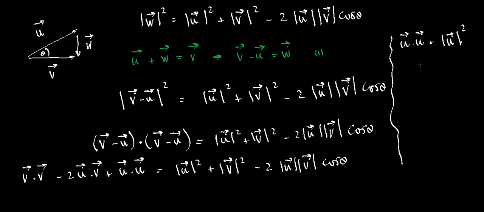Now I'm going to reuse this property over here and rewrite it this way. So v dot v is just the magnitude of v squared minus 2 u dot v plus u dot u is just the magnitude of u squared. And I'm going to rewrite the right hand side as it is.